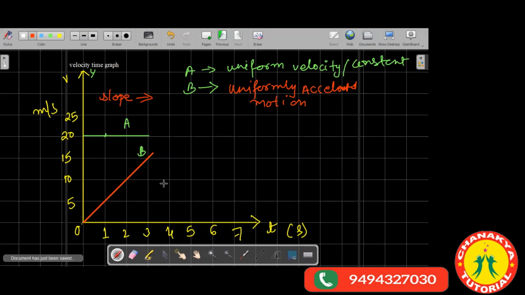So here, if I find y2 minus y1 divided by x2 minus x1, I am actually finding out how the velocity is changing with time.